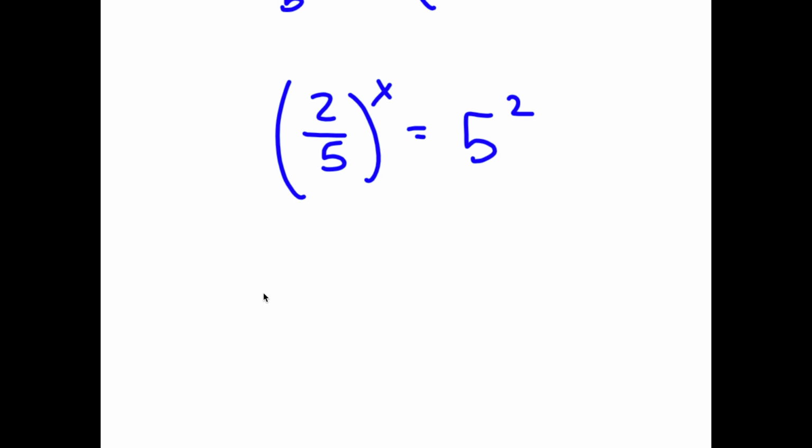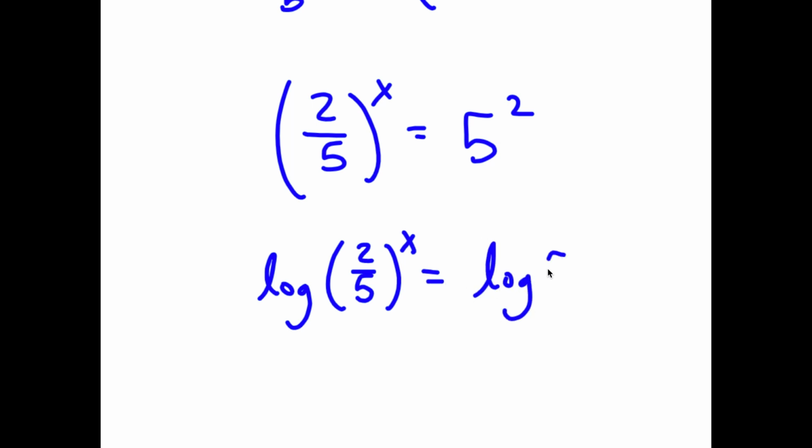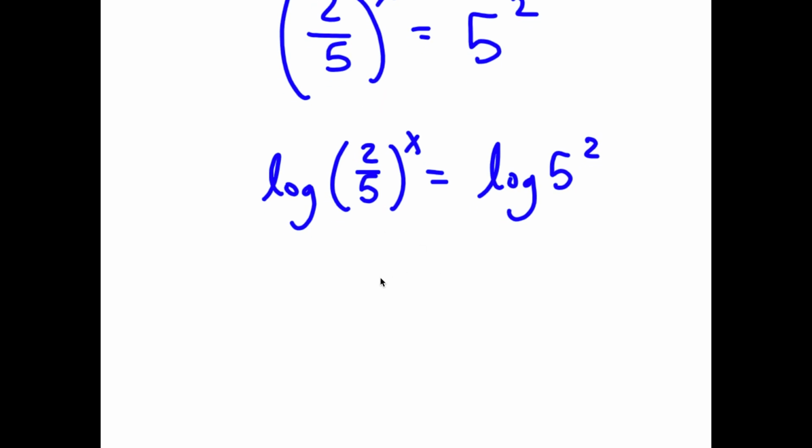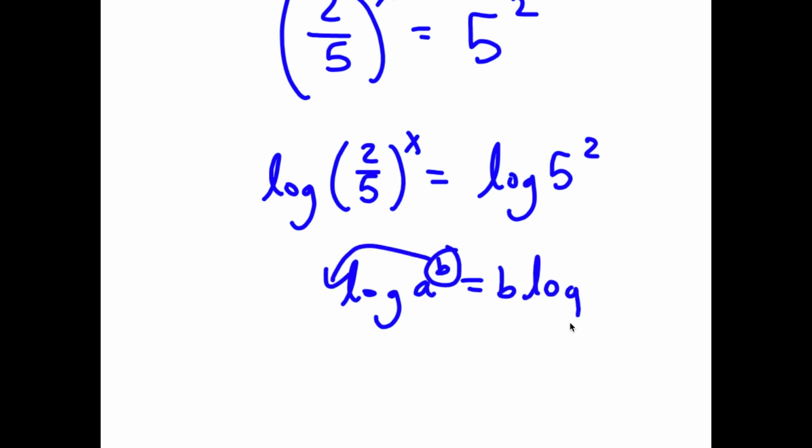Now I'm going to take the log on both sides. So I get log of 2 over 5 to the power of x is equal to log of 5 squared. And if I have something in the form log a to the power of b, I can move this exponent of b to the front. So this gives b times log a.